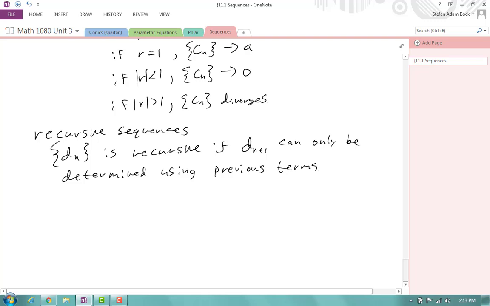A very popular recursive sequence is the Fibonacci sequence.